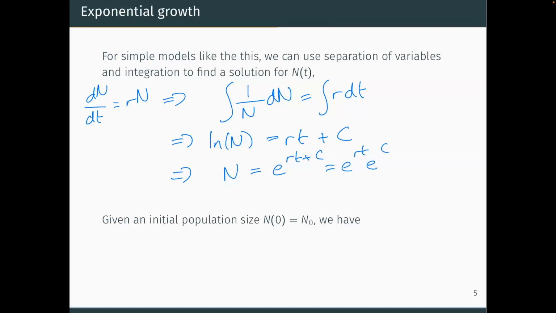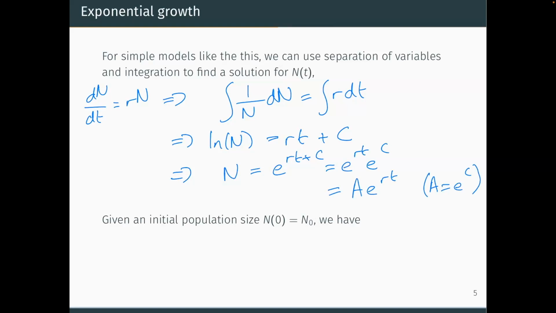And since c is just a number, we can write this as, say, some constant A multiplied by e to the rt, where A is equal to e to the power c. They're just numbers, so we can just replace them to make it a little bit simpler, okay? So this is why we have exponential growth, because we have an exponential in our solution.